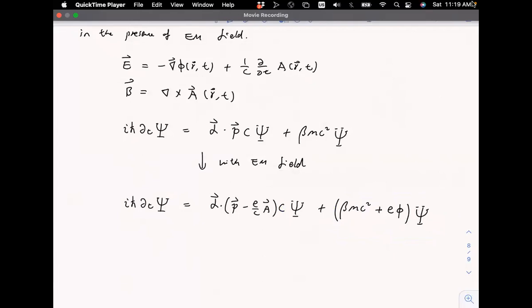Because in the previous cases, like in the Schrodinger equation case, that is how we deal with the potential. You take the P and then include this one, and then you add the potential. So if you take care of the EM field in the Schrodinger equation, this is what you do. I think you learned this in the textbook, right?